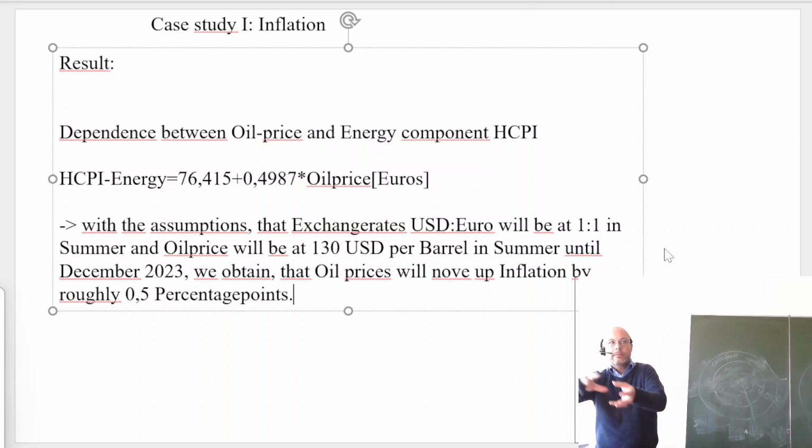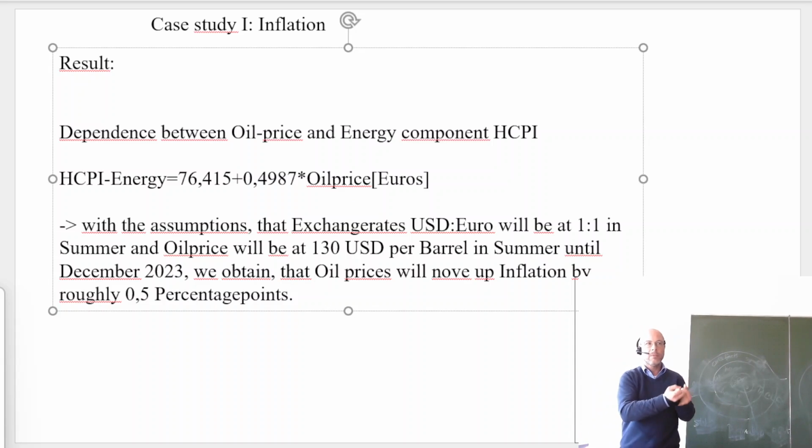Okay, and then you go on, and then of course you say, well, if oil prices go up, then of course not only the energy component goes up, but also goods which are dependent on the transportation sector will also go up, and there you can also make your assumptions. What is there the dependence?